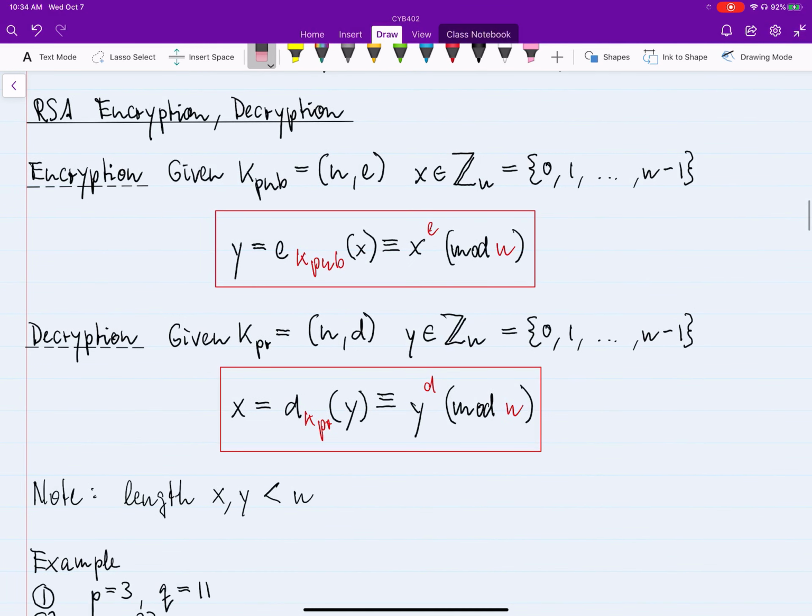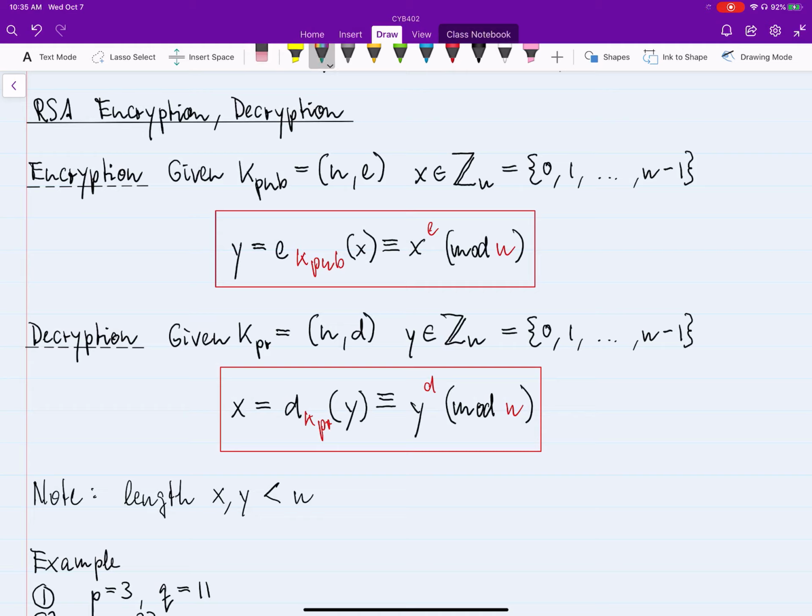Okay, so how does RSA encryption and decryption work? For the encryption, you have a public key that is given to somebody who is the sender of a message to another person who is the owner of the private key. So this is what the sender of a message has.